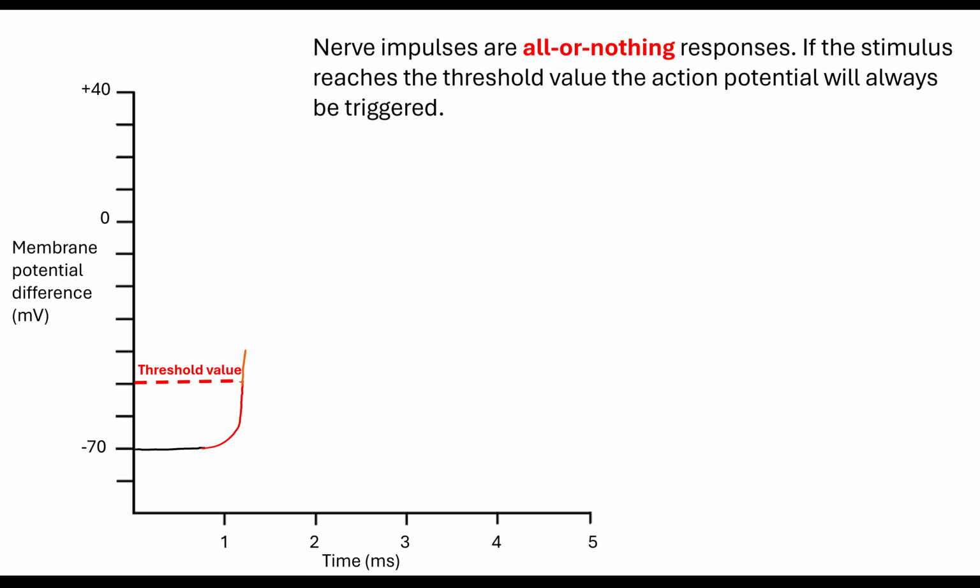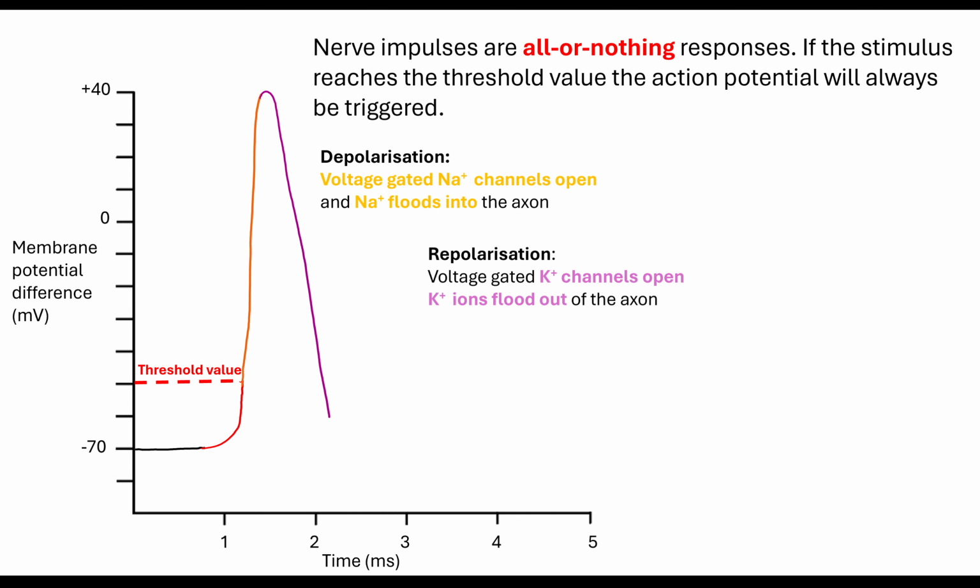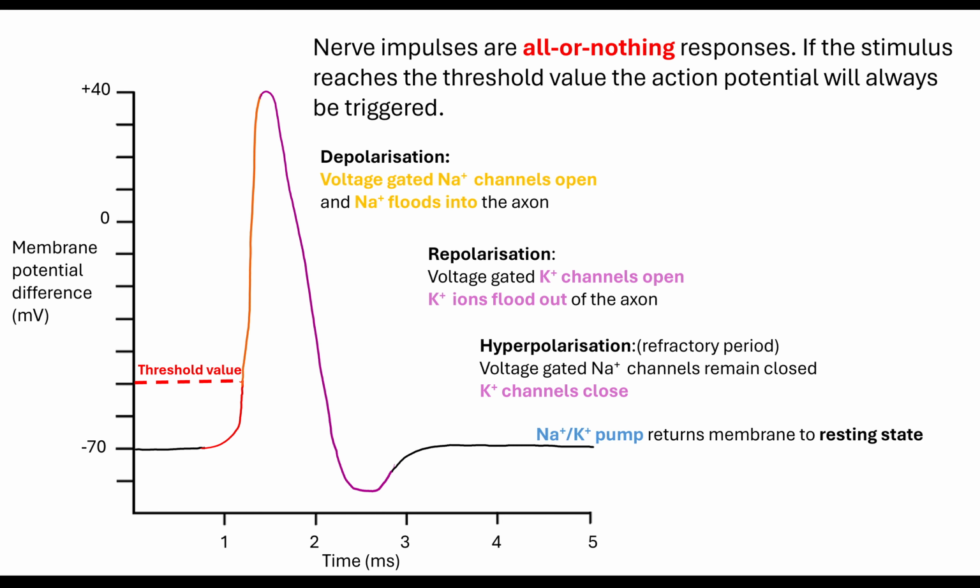Nerve impulses are always all or nothing responses. If the stimulus reaches that threshold value, the action potential will be triggered. You have depolarization, then repolarization, then hyperpolarization to bring us back to the resting state. And that is what you need to know when it comes to an action potential.